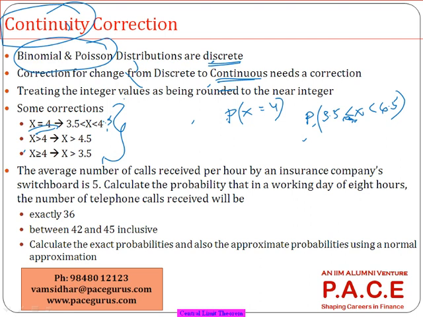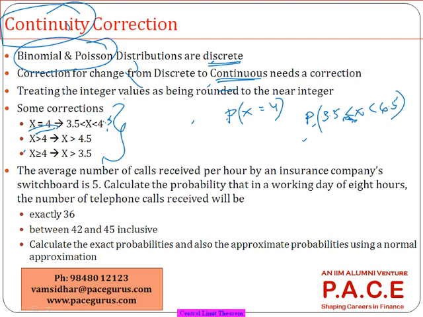Anything below 4.5 also, we round it to 4. So if you are converting a binomial to a normal, wherever the question is talking about the probability of x equal to 4, in the normal distribution case, find the probability of x lying between 3.5 to 4.5.